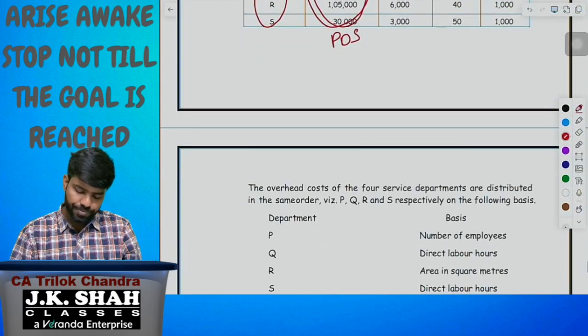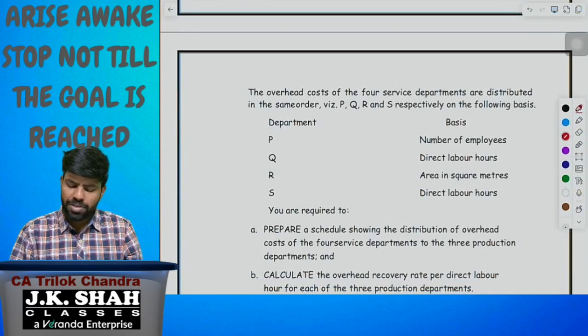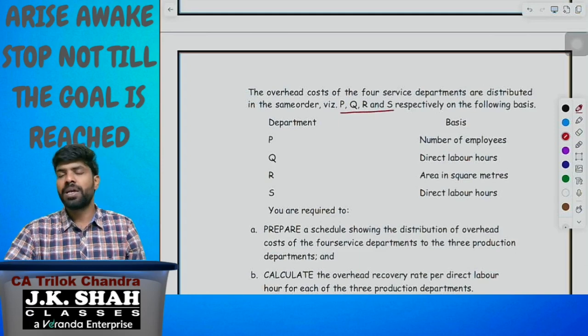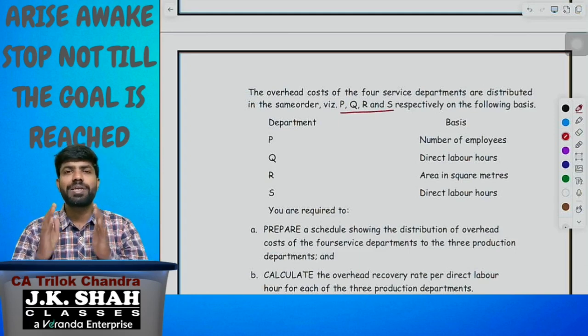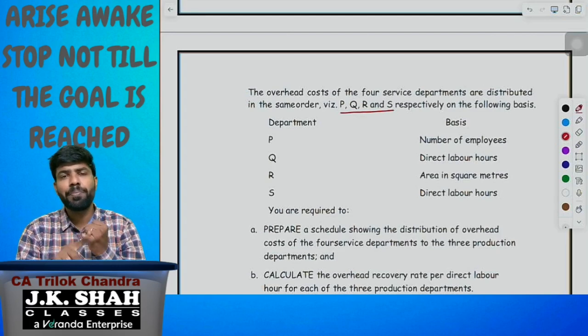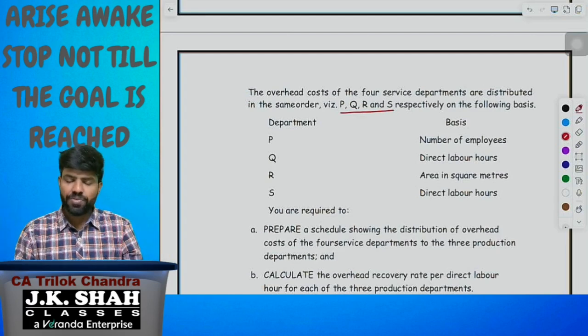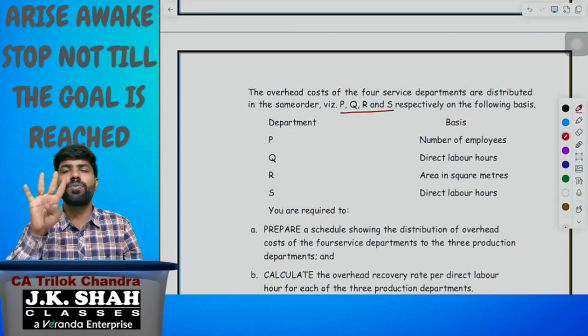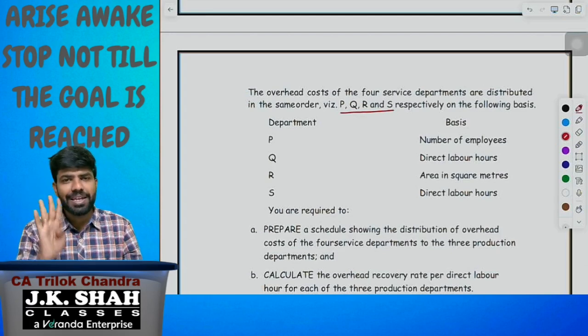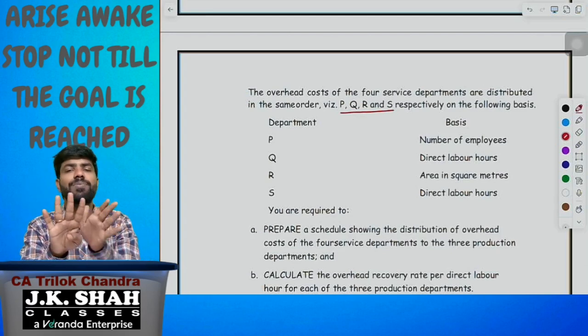Okay, now the overhead cost of the 4 service departments is distributed in the same order P, Q, R, S. I already told you, whenever it comes to the step ladder method, one of the important points is which department to be apportioned first. In this question, we have 4 service departments P, Q, R, S. They clearly stated we have to apportion in the same sequence.